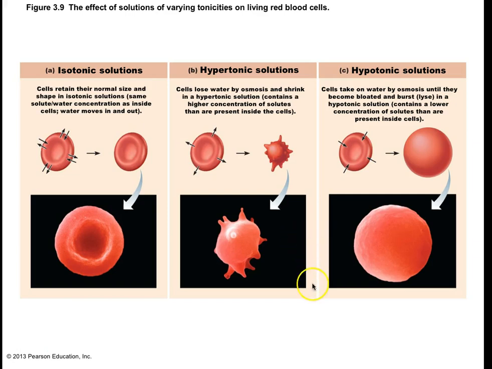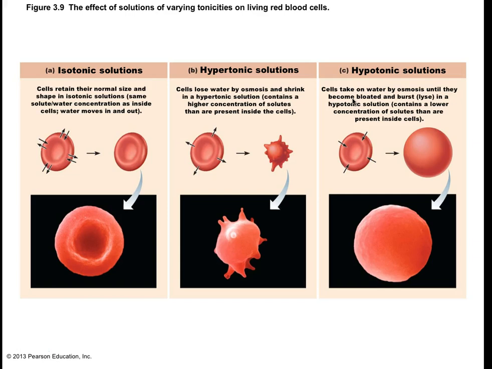So what you want to have is isotonic, but if the plasma becomes too salty, hypertonic, cells will shrink. If it becomes hypotonic, not enough salt taken in, then the red blood cells will swell.